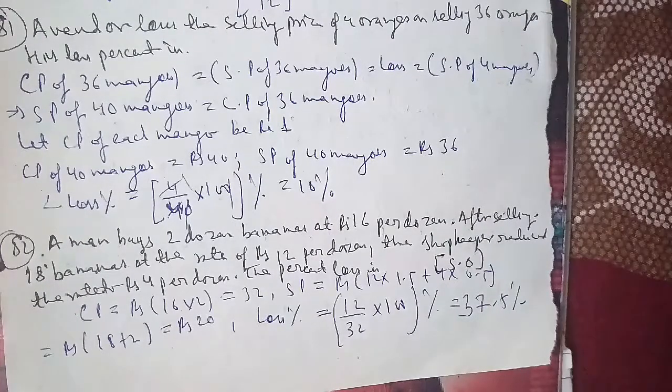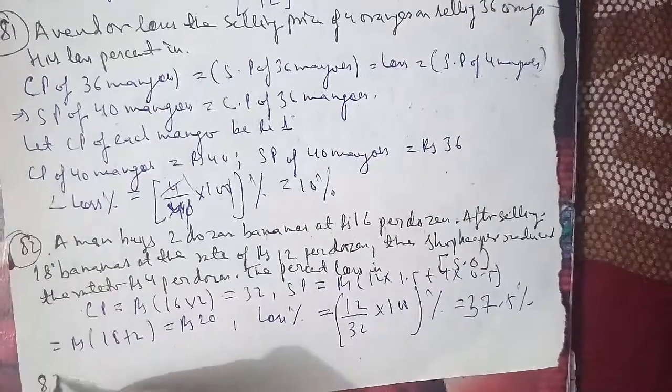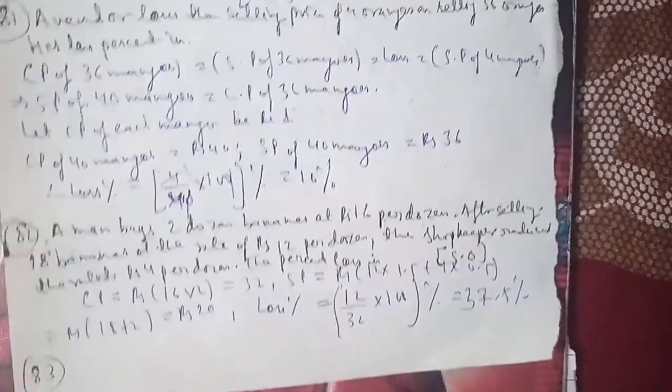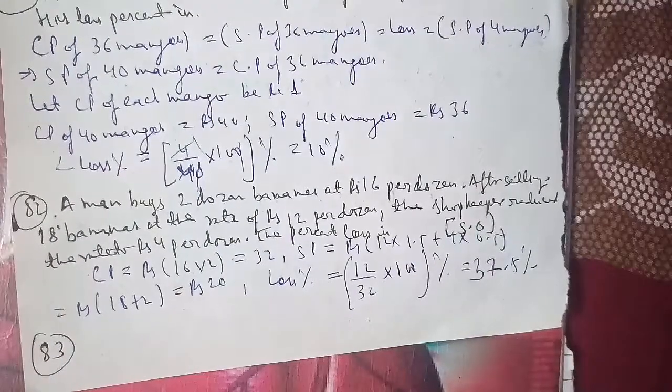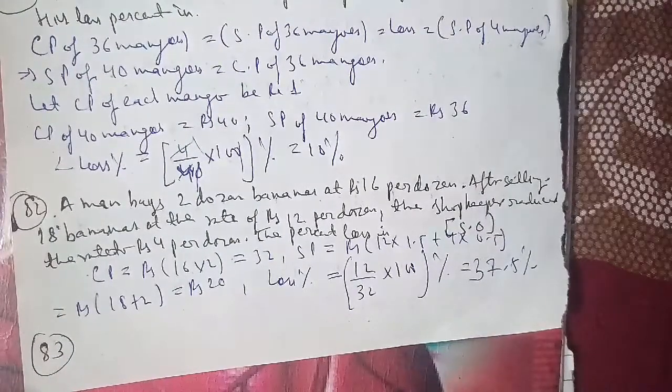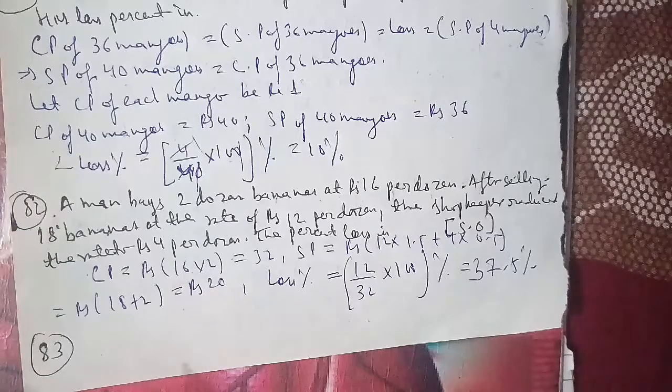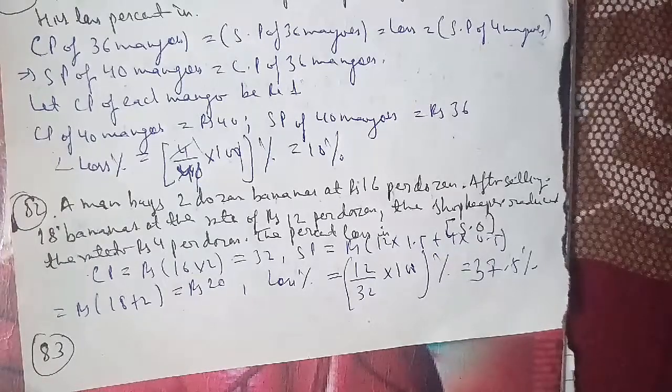Now we go ahead for the next, which is another important question here. It's the 83rd question of the session. The question is: a man bought apples at the rate of 8 for rupees 34 and sold them at the rate of 12 for rupees 57.